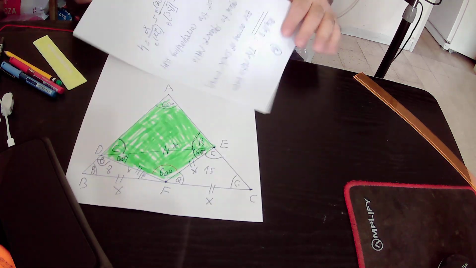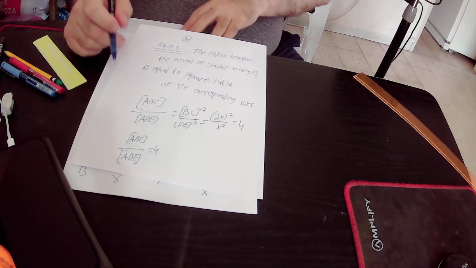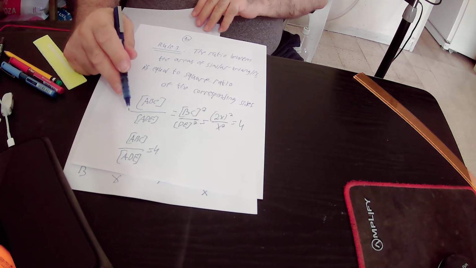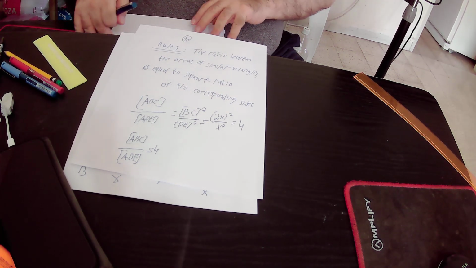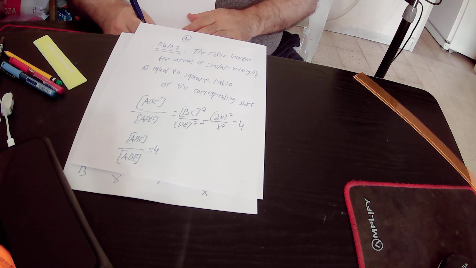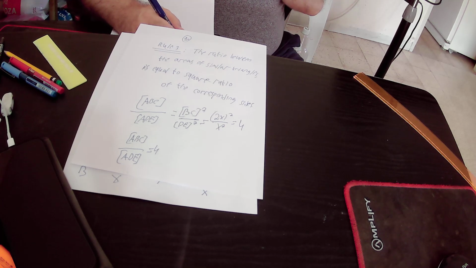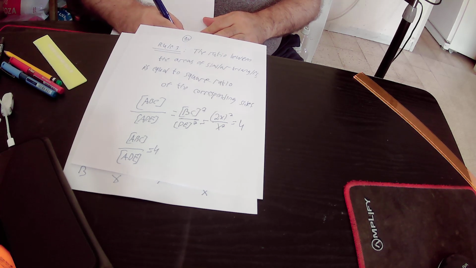So if we multiply this equality by the area of triangle ADE, we will get that the area of triangle ABC is equal to 4 times the area of triangle ADE.